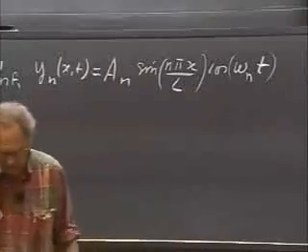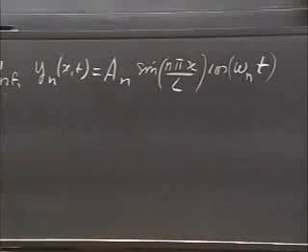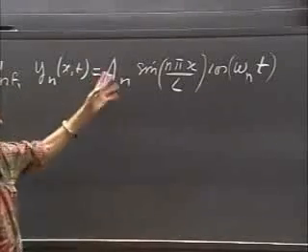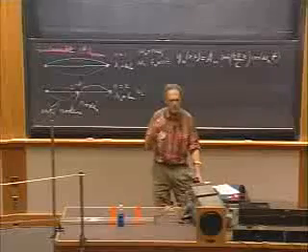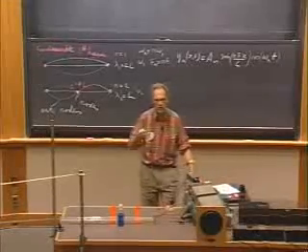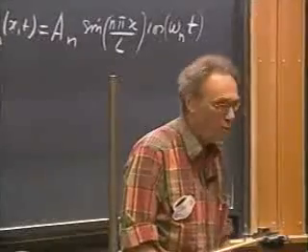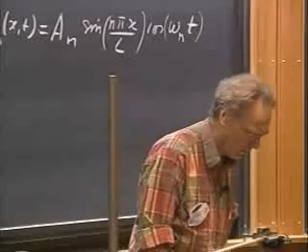That then meets the boundary conditions for two fixed ends. And any linear superposition, any combination, of various values of n and various values of A will satisfy the wave equation. So this string can simultaneously oscillate in a whole series of these normal modes. And when we do music next Thursday, you will see that actually. I will demonstrate that to you.